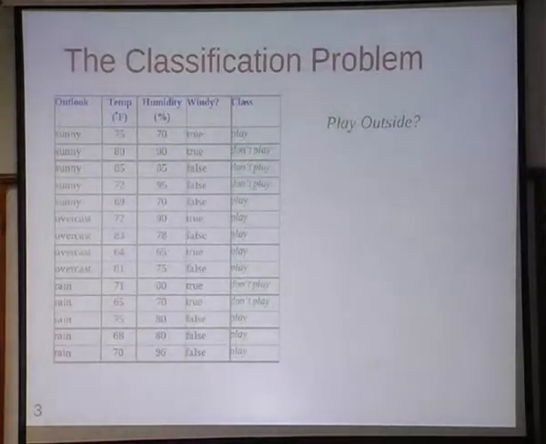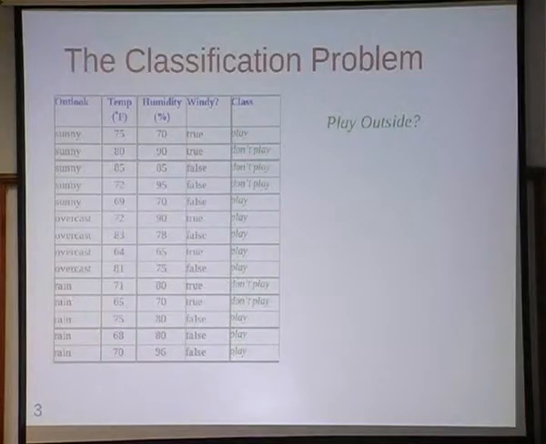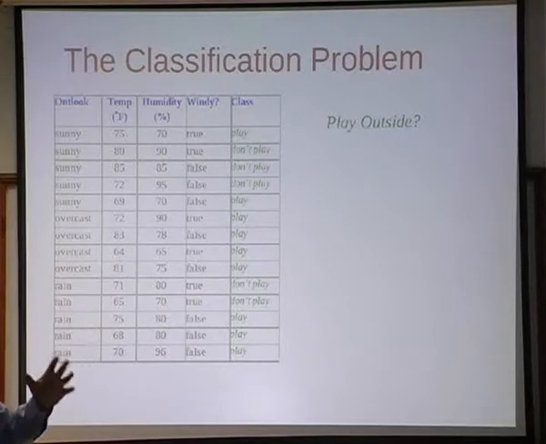For example, the first record is telling that the outlook of the weather is sunny, the temperature is 75 degrees Fahrenheit, humidity is 70%, it is windy, and given these weather parameters, the last column, which is called the class column, is telling whether this weather condition is a nice weather to play outside or not.